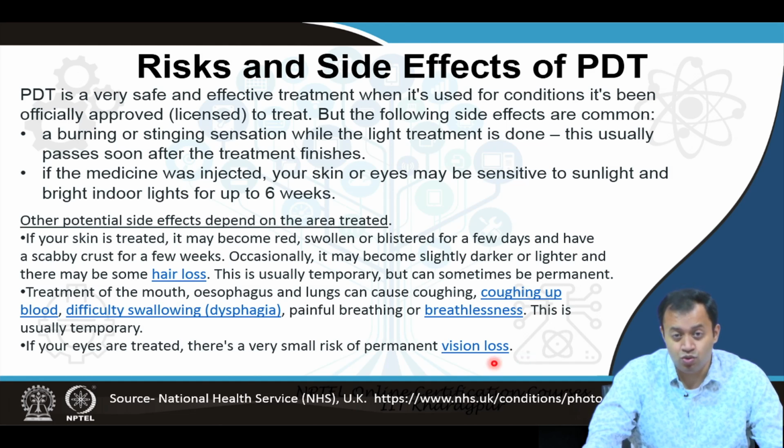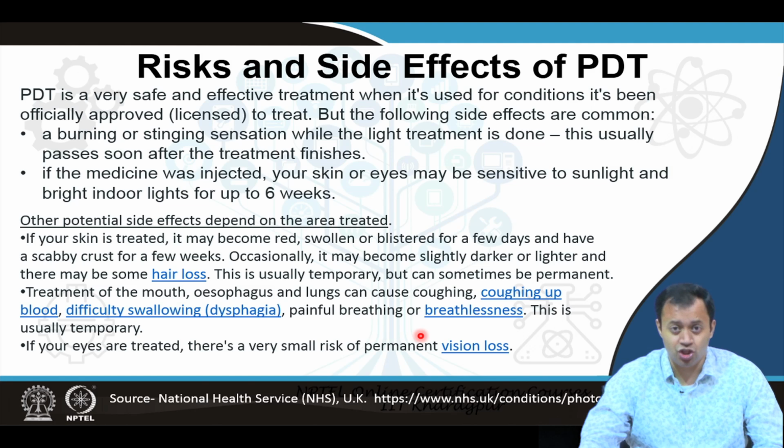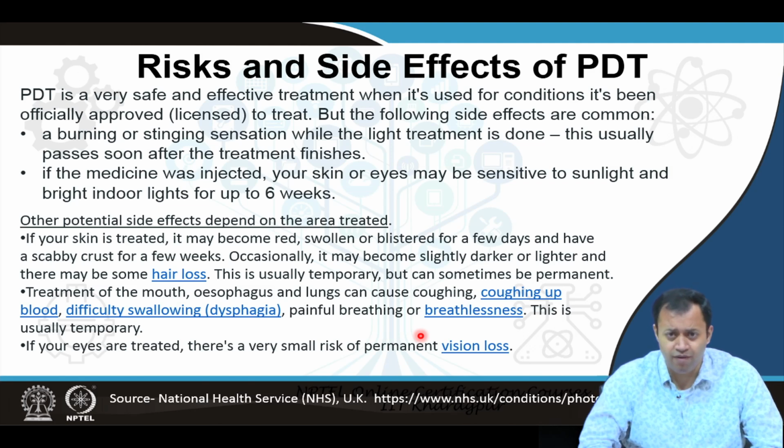This is the case with any eye surgery, LASIK or retinal detachment, cataract eye surgery. There are the rarest of the rare chances, 1 in a million, where vision loss may happen. So, any surgery whatsoever has some amount of risk.